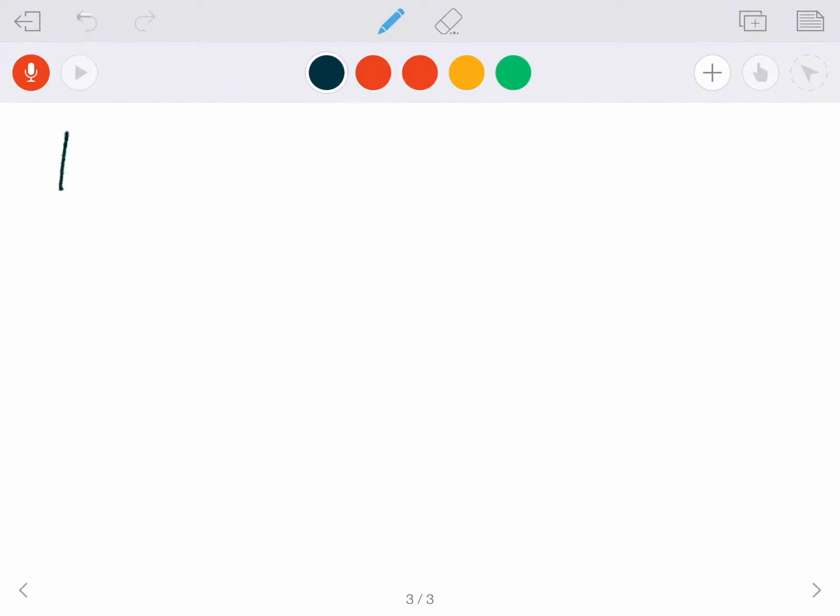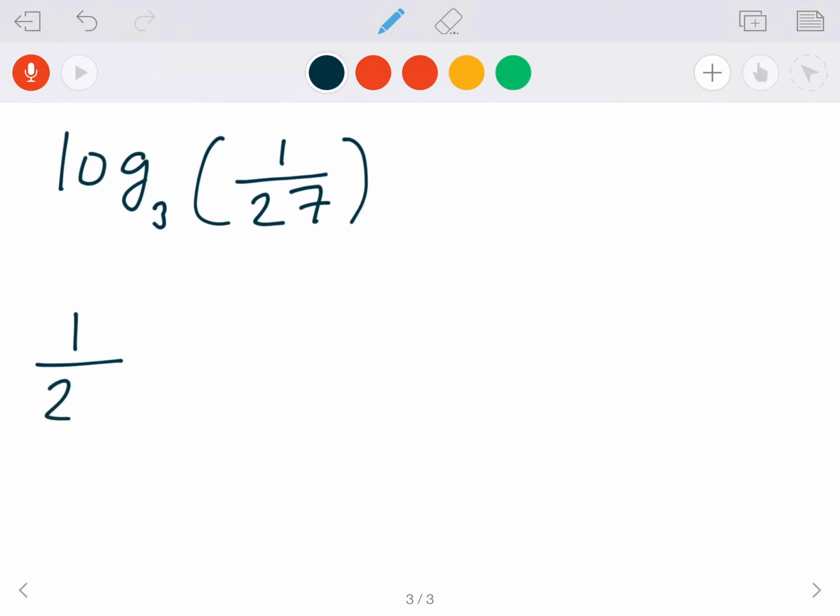What about the value of log base 3 of 1 over 27? This could be slightly challenging. Since we have a fraction, 1 over 27 is also 1 over 3 to the power 3, right?